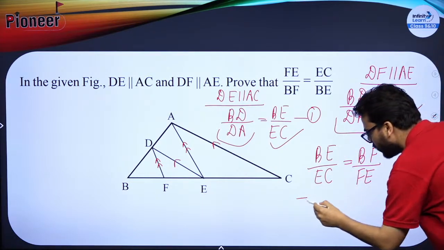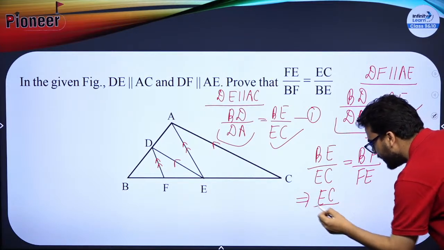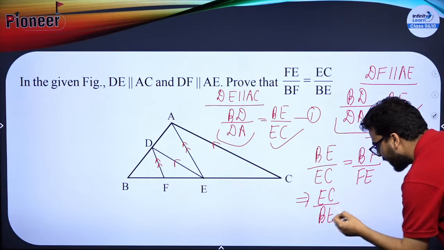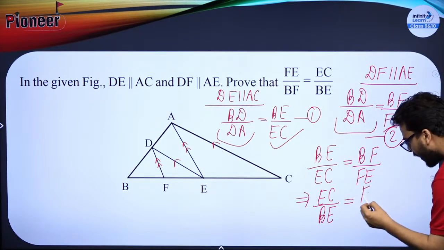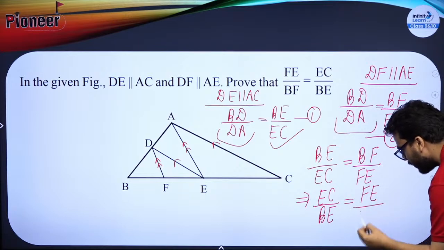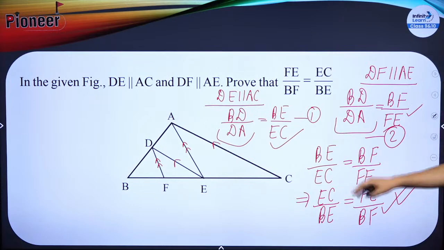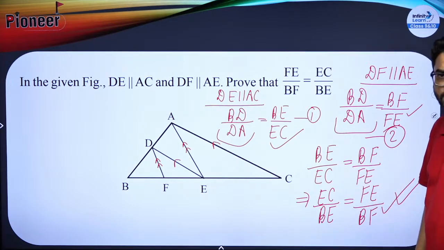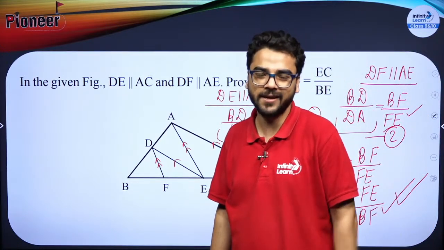So I can easily write that EC by BE is equal to FE by BF over here. I can easily say that. I hope this thing is clear to every student in this session. It's a direct question on the basis of the basic proportionality theorem. I hope it is clear, guys.